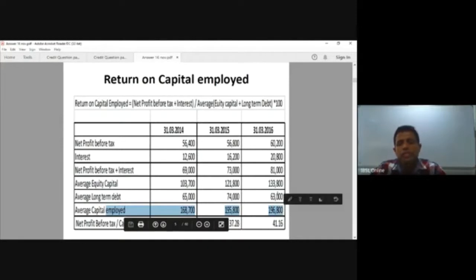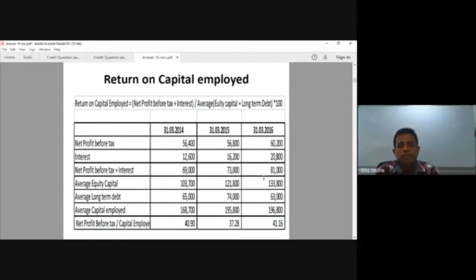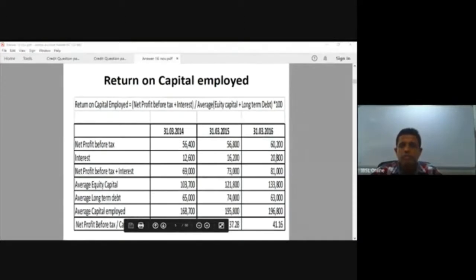Then you have these figures, that is for 2014, 40.9%, 2015, 37.28%, 2016, 41.16%. If you do have questions, you can disturb me and ask those questions.